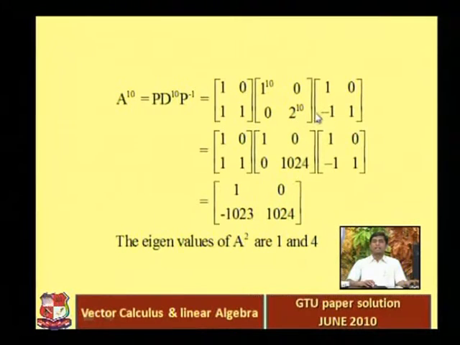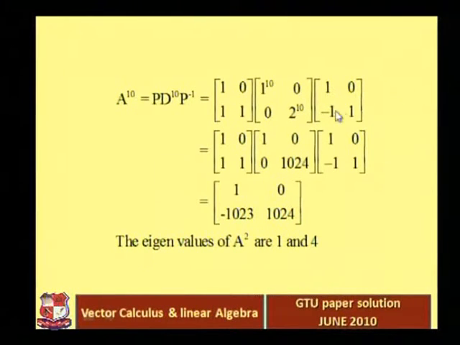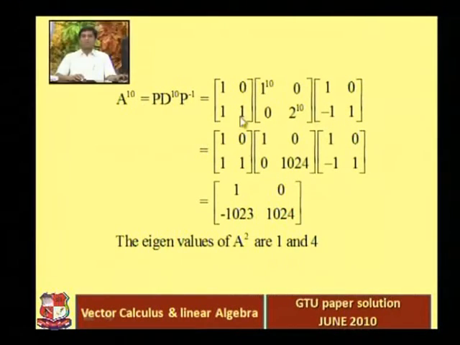And P inverse is 1 0 minus 1 1. So 1 0 1 1, then 1 raised to 10 0 0 2 raised to 10, then P inverse 1 0 minus 1 1. Now 1 raised to 10 is 1, and 2 raised to 10 is 1024.